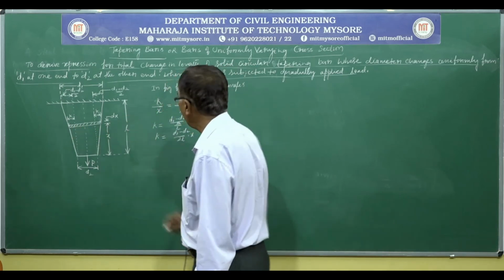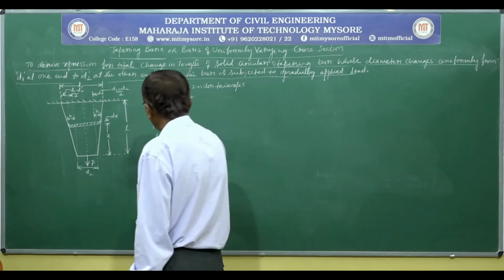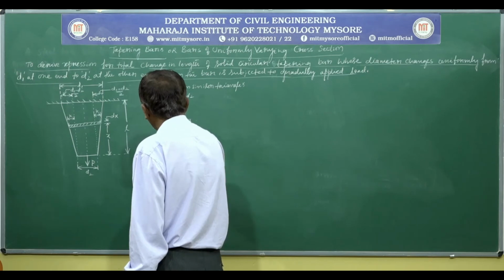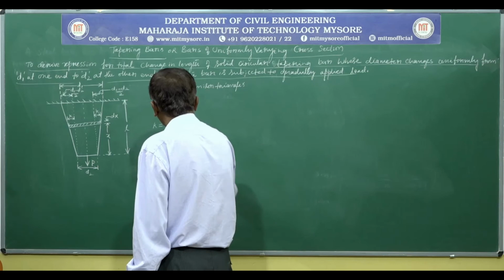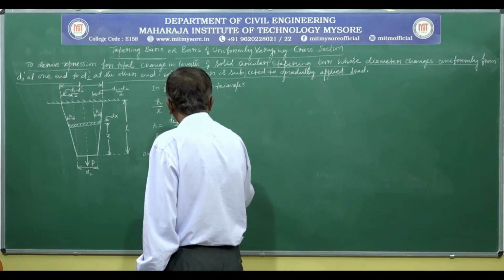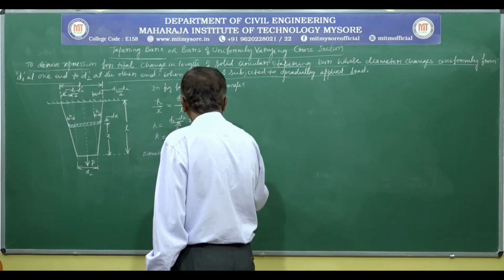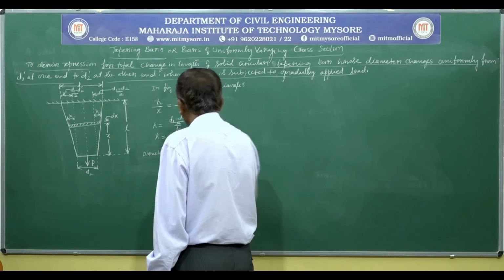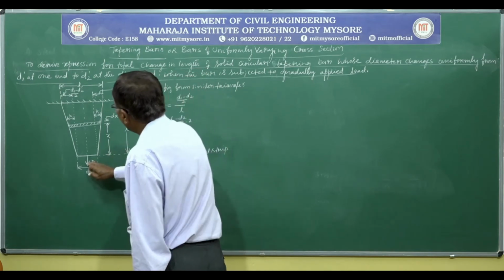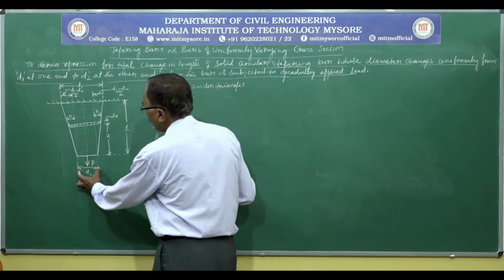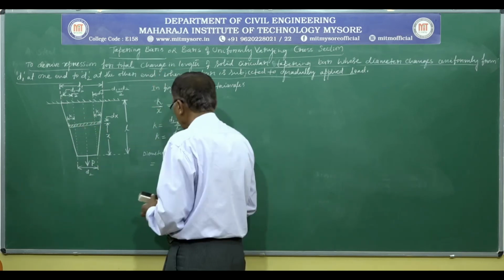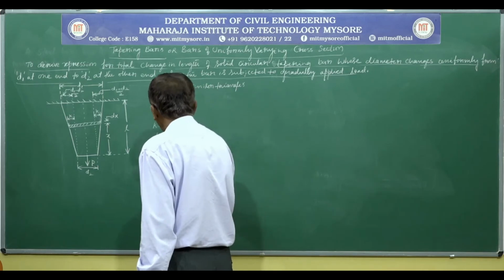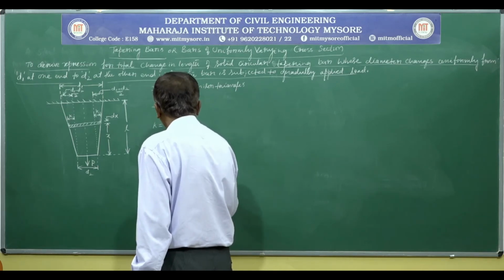Diameter of this elemental strip is equal to d2, as it is considered by this portion, plus 2k.